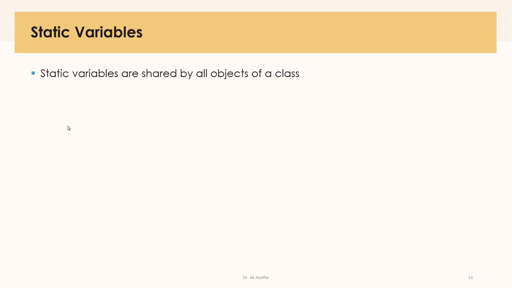So if you have a static variable inside a class, then these static variables are shared by all objects when they are created from this class. And we will show you a demonstration by an example in a moment.